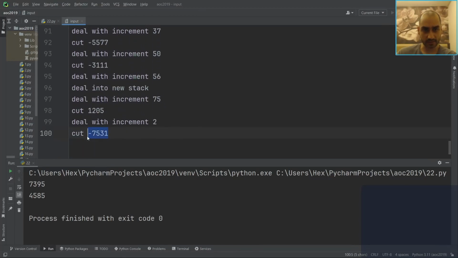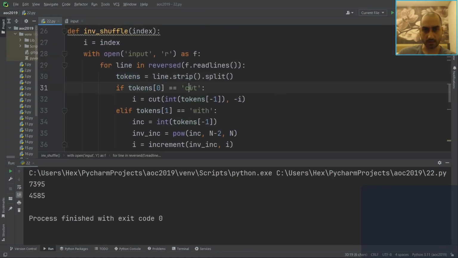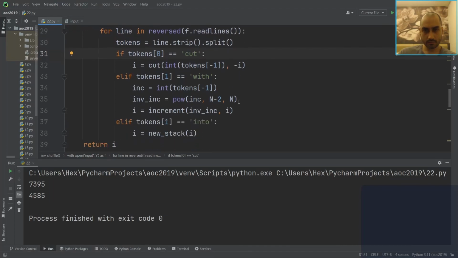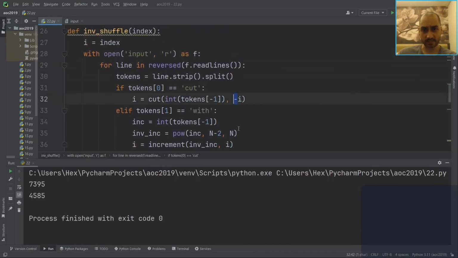So if we cut with 1, to do the backwards step we would do -1. Is that right? I think so. Oh, I put the minus in the wrong place.